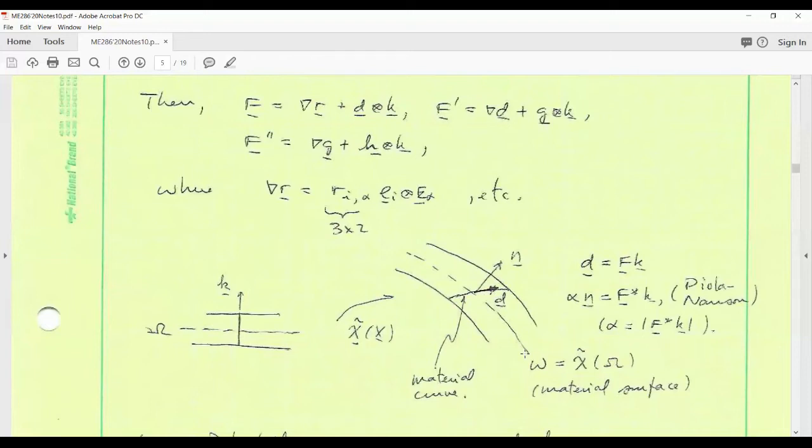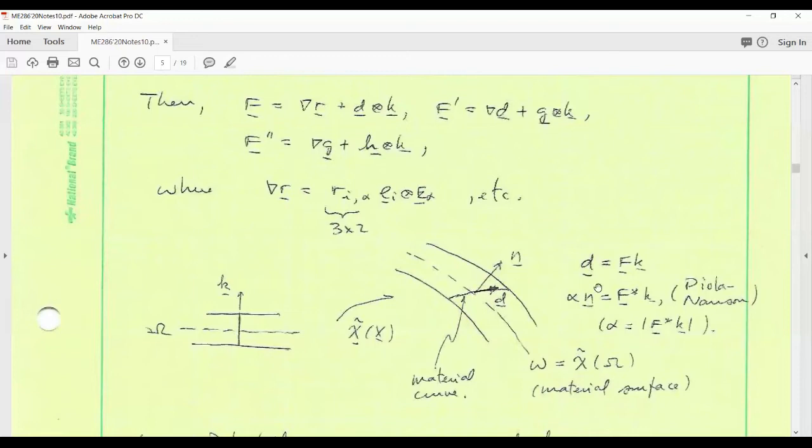Let's call it curved surface, small omega, which is just the image of the midplane under the deformation. d then gives you the direction of that curve, or the tangent to it, as well as a stretch.